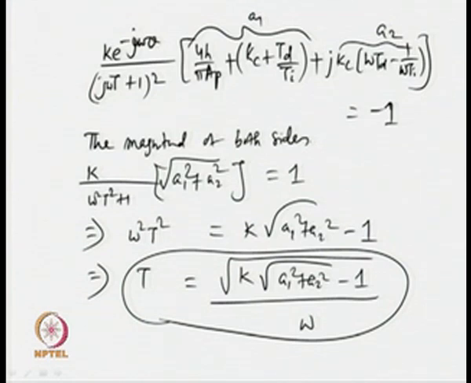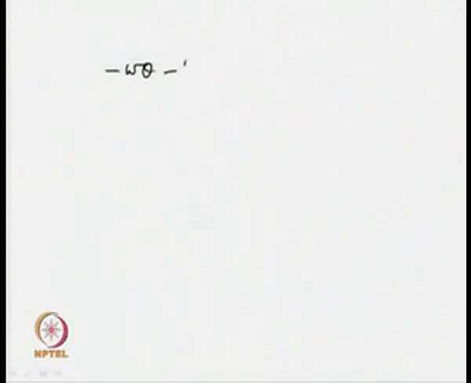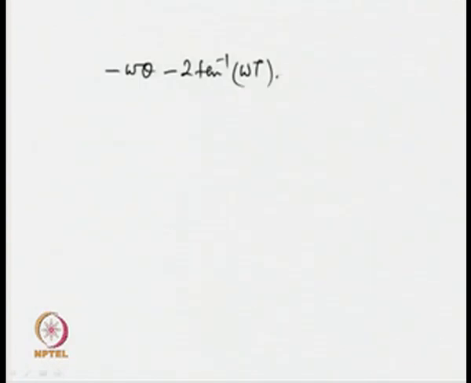So, again equating the phase angles of both sides of this expression will give you, for the phase angle, minus omega theta, and phase angles 2 times of minus 2 times of tan inverse omega t, and I will get plus tan inverse a2 by a1 is equal to minus pi.